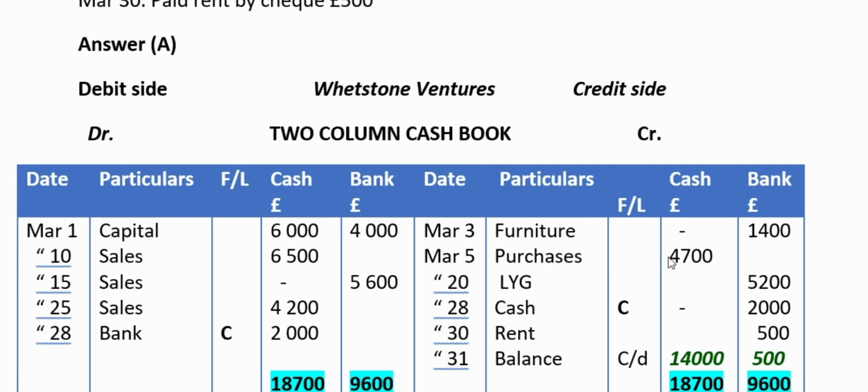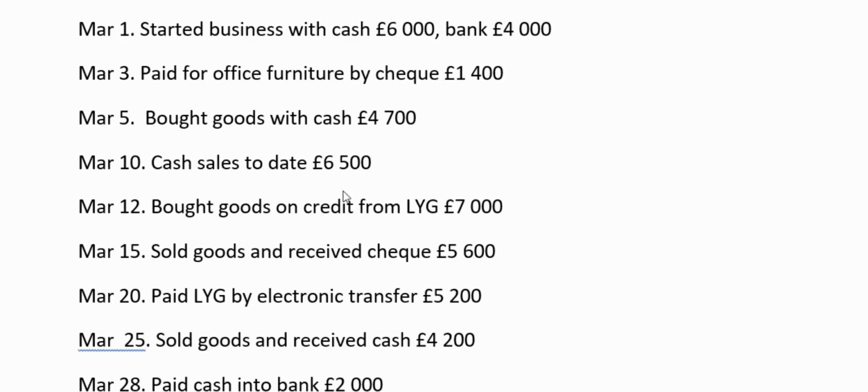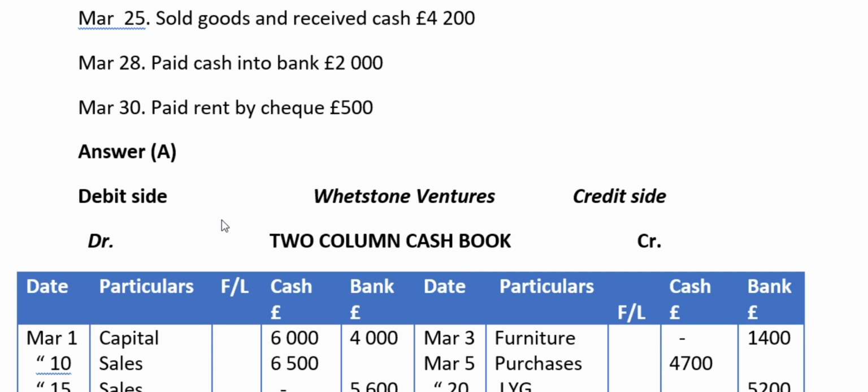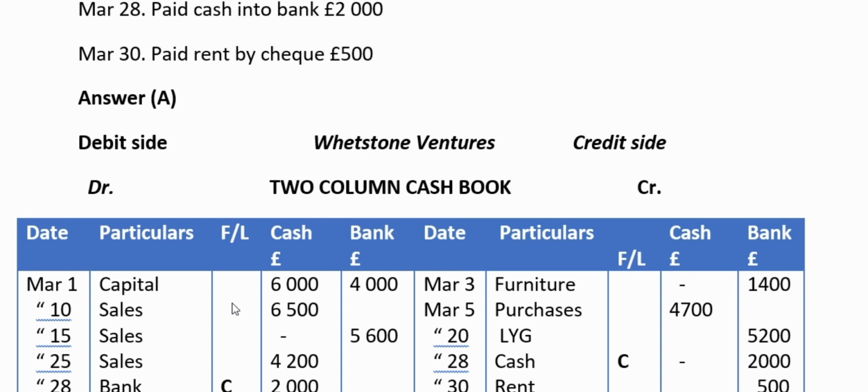Since it was bought with cash, it is under the cash column, 4,700. The next date is March 10, cash sales to date 6,500. So sales were made and cash was received. In this case, it was cash sales.